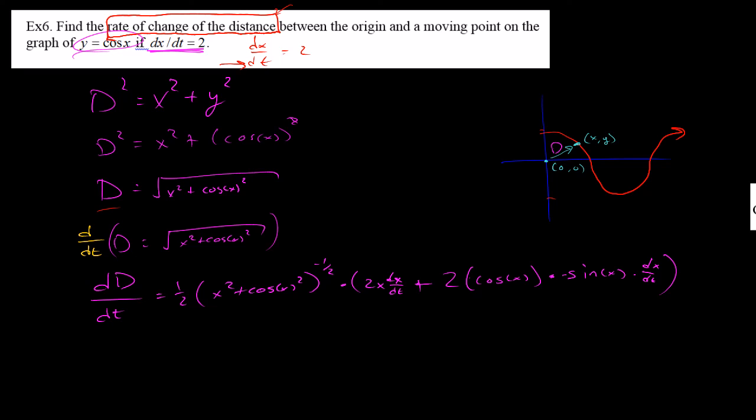And what are we given? We're given dx dt is equal to 2, so we can simplify this whole thing a little bit.